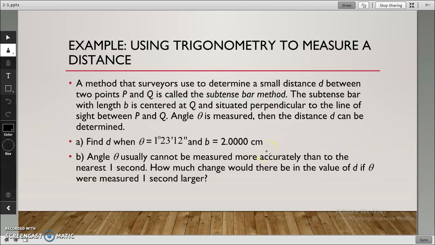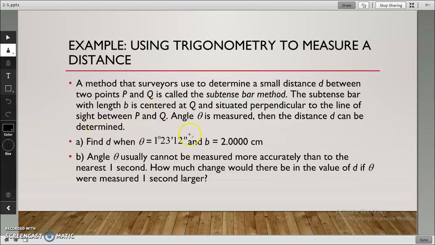Part B, it says angle theta usually cannot be measured more accurately than to the nearest 1 second. So how much change would there be in the value of D if it was measured 1 second larger?